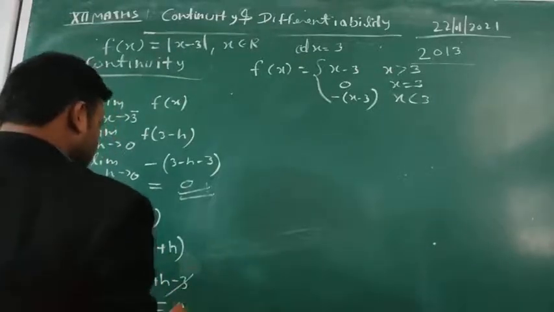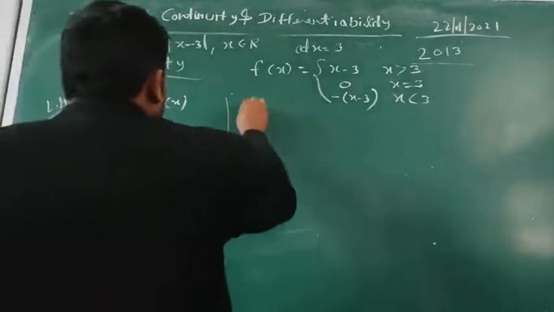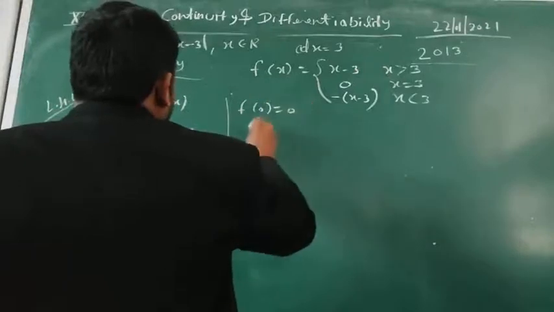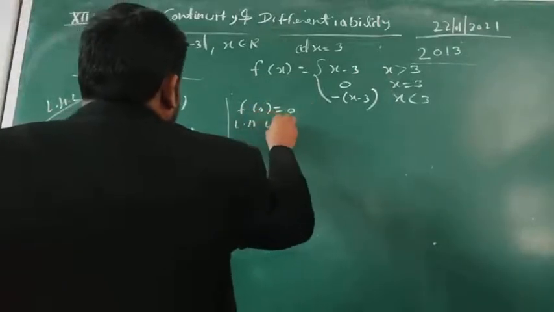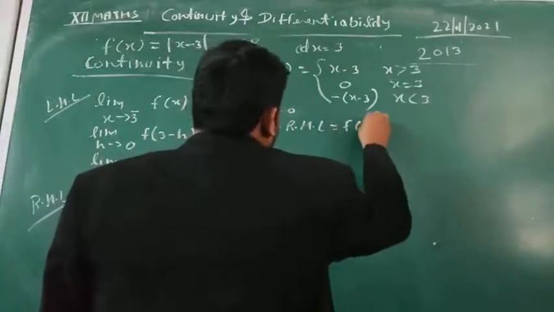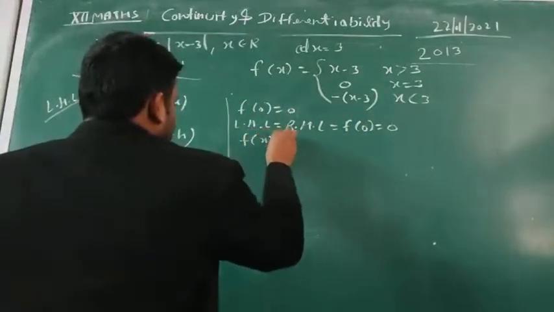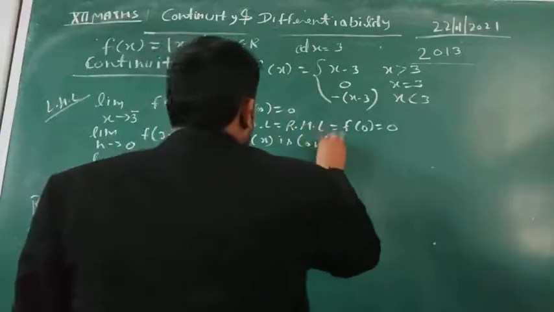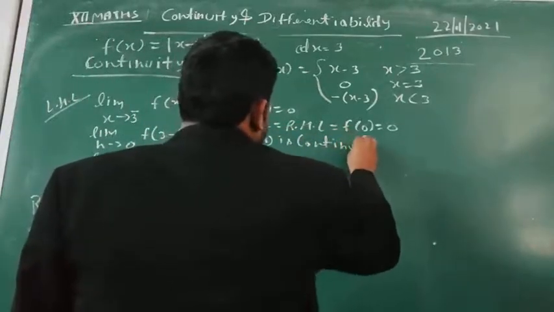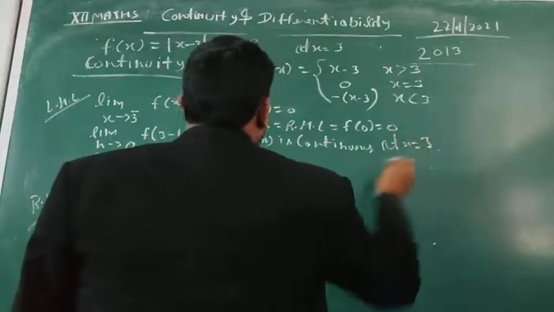The value of the function f(3) is also 0, so left hand limit is equal to right hand limit is equal to f(3). These all are 0, so we can say that student, the function is continuous at x is equal to 3.